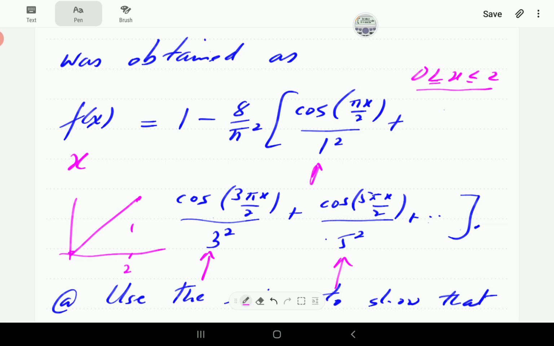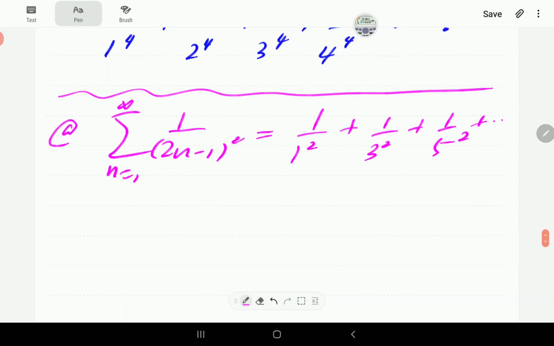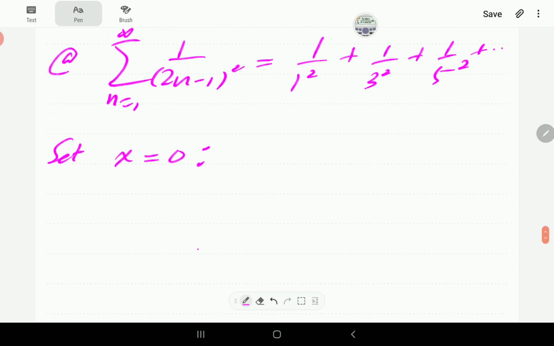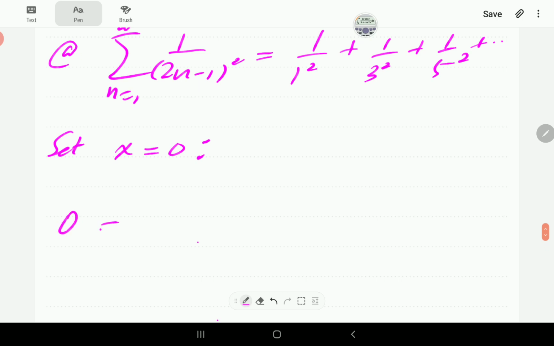This is between x equals 0 and 2. If we choose x equals 0, it's going to be cosine 0, cosine 0, cosine 0. This side, that's going to be 0. So we can go for that. Let's see how that works out. So set x equal to 0. The left hand side is going to be 0. The right hand side is going to be 1 minus pi squared over 8.